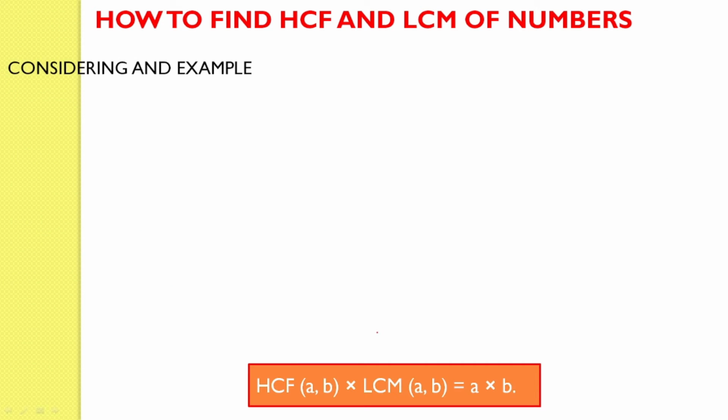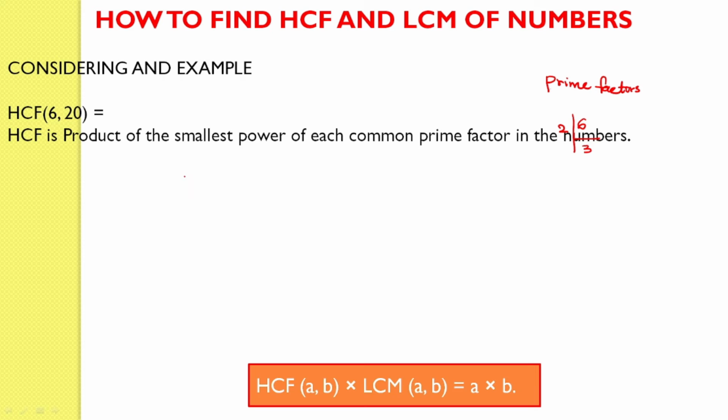Moving on, how to find the HCF and LCM of numbers. We will consider an example first: HCF of 6 and 20. Before you find the HCF of anything, the first thing you have to do is find the prime factorization of it. 6 is 2 multiplied by 3.